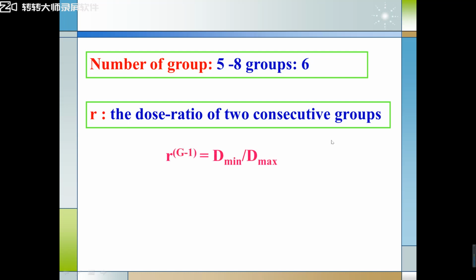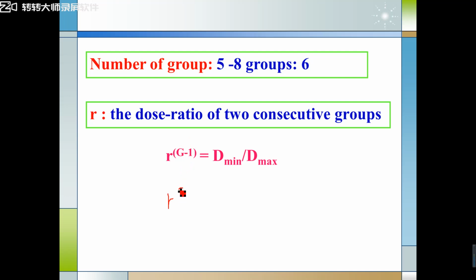In Kärber's method, there is an equation. We can calculate the dose ratio of 2 consecutive groups. R to the power of group number subtract 1 equals Dmin divided by Dmax. So we can calculate the dose ratio.